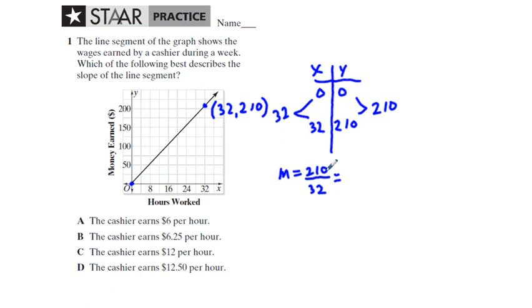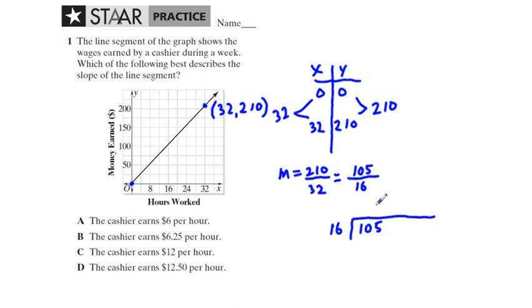So that 210 divided by 2 is going to be 105. And then 32 divided by 2 is 16. So we can just use our calculator or resort to a long division, which I'm going to do here. We have 16 into 105. How many times will 16 go in 105?